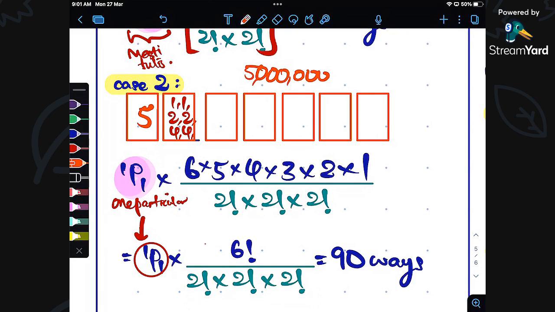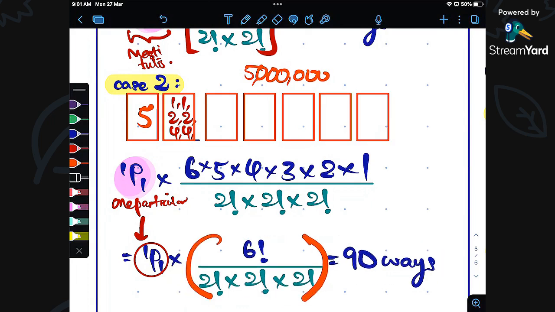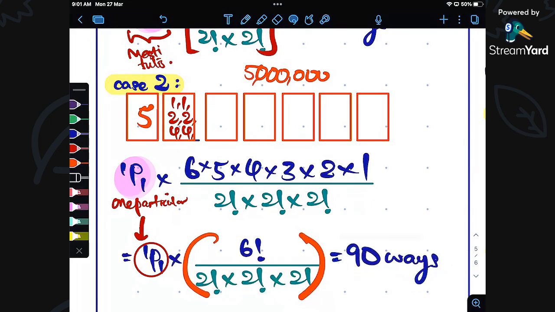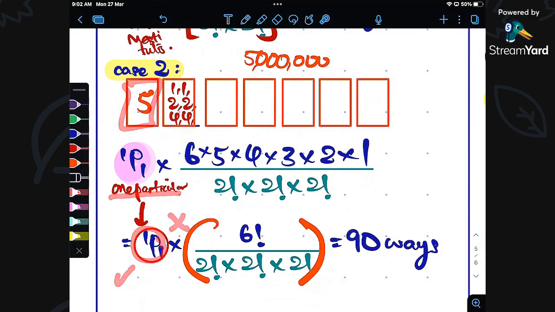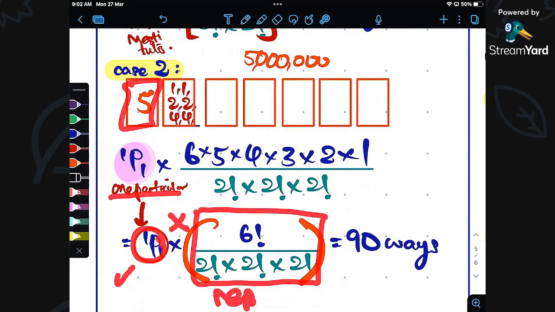You got to make sure you know how to write them very, very neatly. You know that? Okay, jangan main suka-suka tulis. Fahamkan konsep dahulu. When you already understand the concept, this is one particular digit in the first box there, you dah faham. Barulah you pakai the next concept, which is the repeated object.